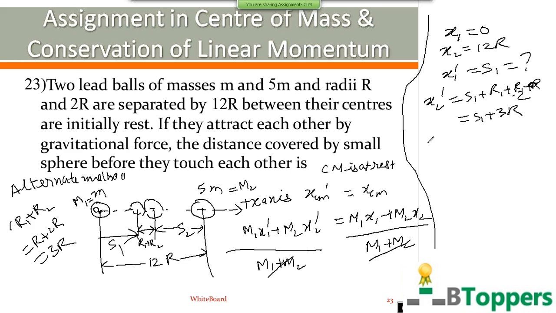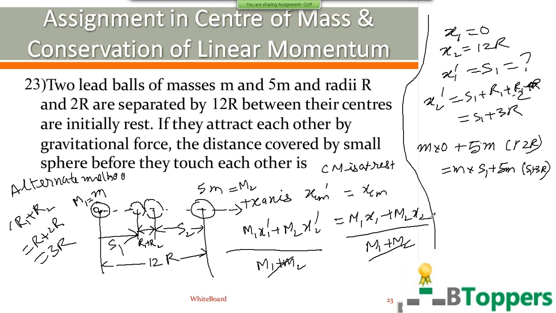So come on, substitute all these values and simplify it yourself. M1 equal to m, x1 is 0, m2 is 5m, x2 equal to 12r, x1 dash is S1, m2 is 5m, x2 dash is S1 plus 3r.